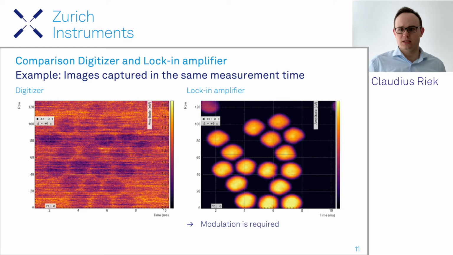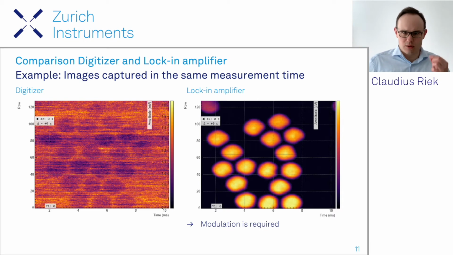If we digitize, this is the image which you see on the left hand side. We see first signatures of some beats, which is supposed to be a simulated SRS measurement, but it still looks really noisy. Now, if you take the same measurement with a lock-in amplifier in the same measurement time, you get the image on the right hand side. This looks much cleaner, and you see a nice clear difference between them, and you don't see this noise.